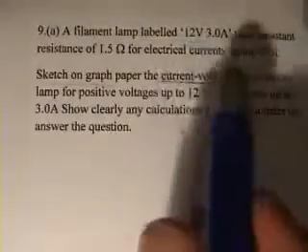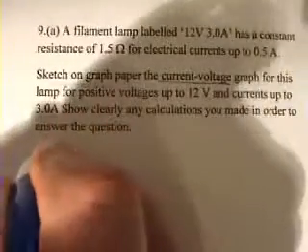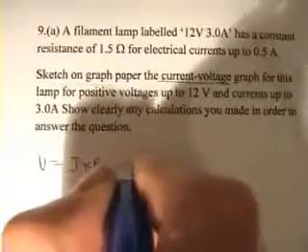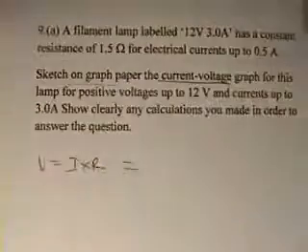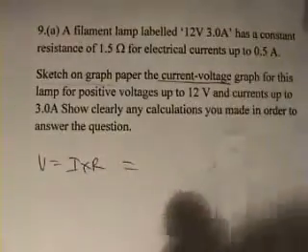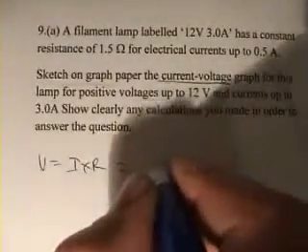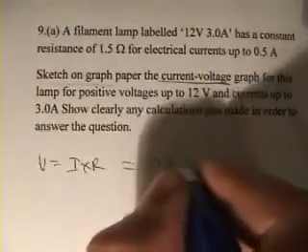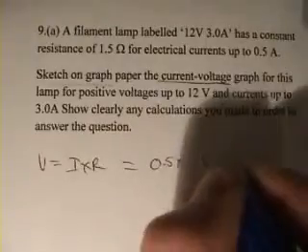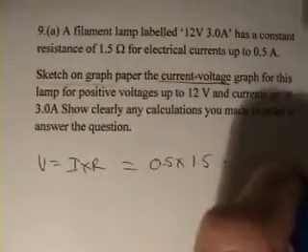So how do we draw that line? Well, if we use the equation V equals I times R, we can work out what voltage we plot for a current of 0.5 amps. So it's 0.5 amps times 1.5 ohms, 0.75 volts.